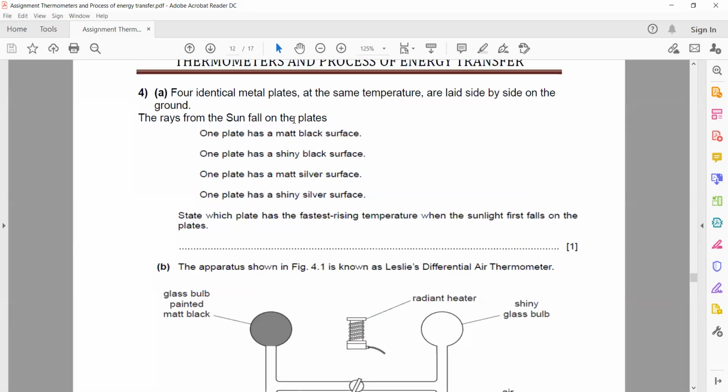Four identical metal plates at the same temperature are laid side by side on the ground and the rays from the sun fall on the plates. State which plate has a faster rising temperature when the sunlight first falls on the plate.